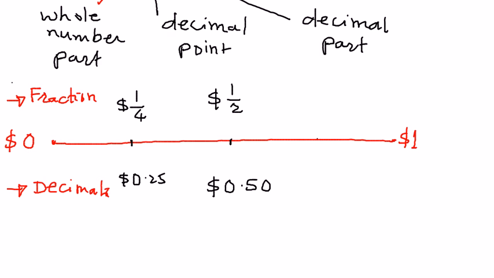On the other hand, the part between half and one full dollar, in terms of fractions, I can represent as 3/4 of a dollar, and in terms of decimals, as $0.75. So this is the relation between fractions and decimals, and this is how we process information with respect to money on a regular basis.